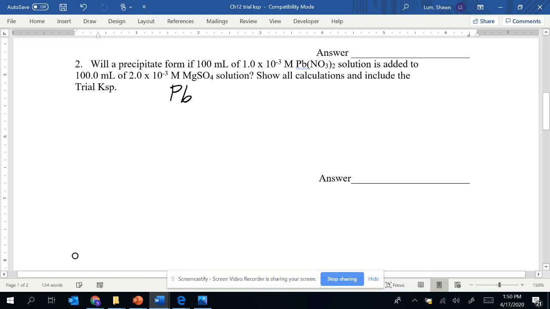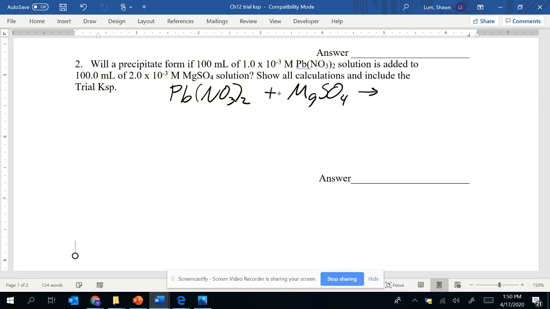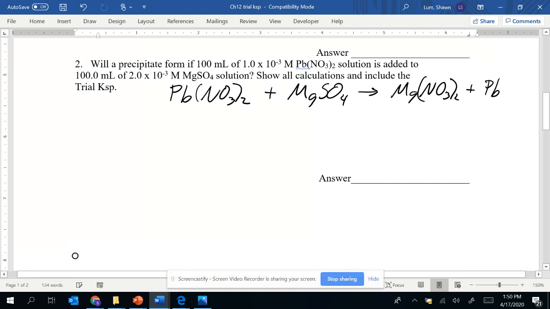So if I have Pb(NO3)2, what's going to happen is that it's going to combine with magnesium sulfate, and it's going to turn into Mg(NO3)2 and PbSO4.